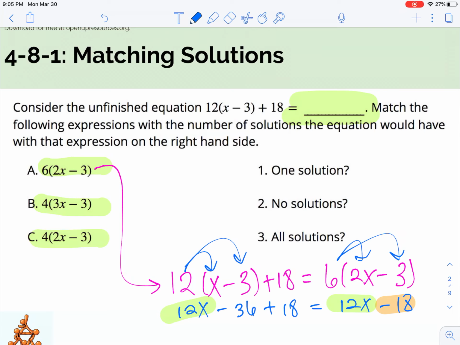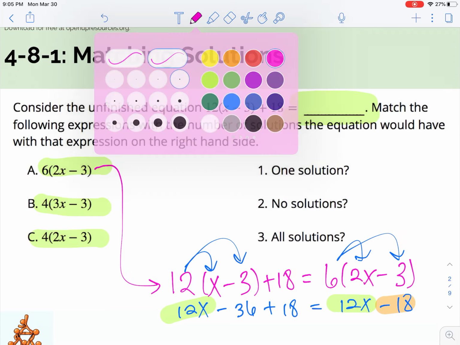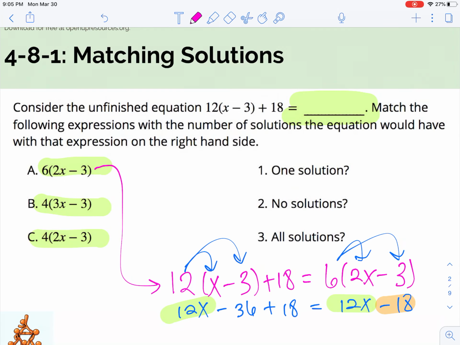But if you do the math there, you end up getting minus 18, I believe. So 12x minus 18 equals 12x minus 18.